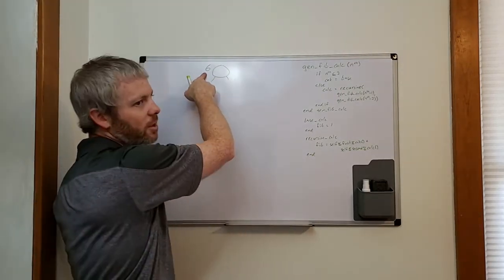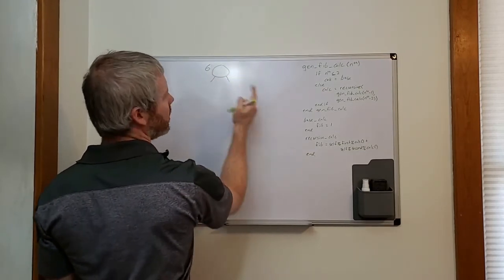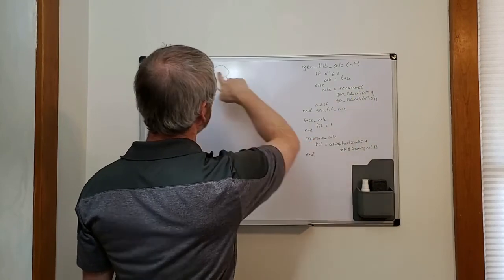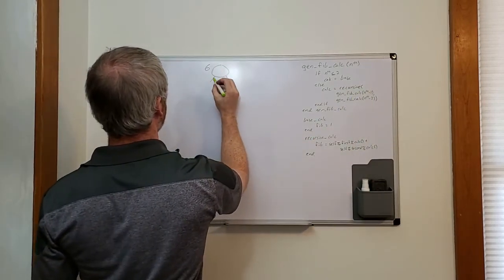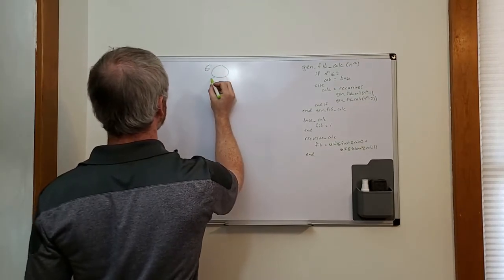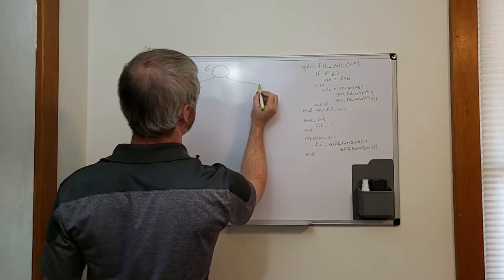And I'm going to leave this little annotation here so we know where we are. So we need gen fib calc with n minus 1, so we need 1 for 5 here, and I'm going to draw these way over here to the sides because we're going to need lots of room.